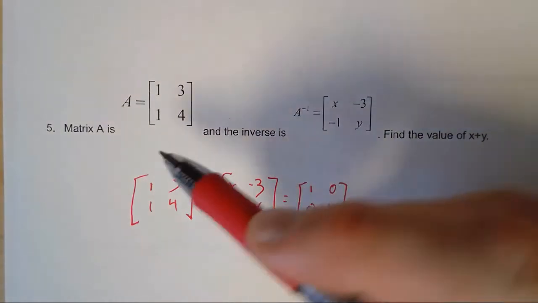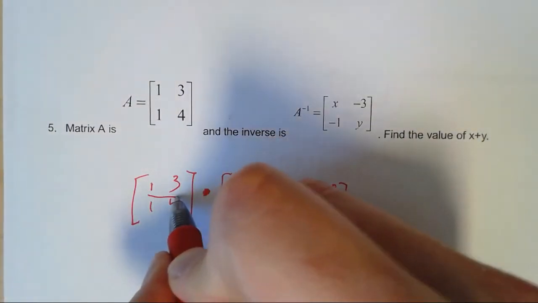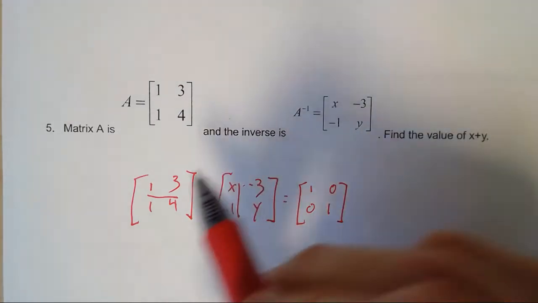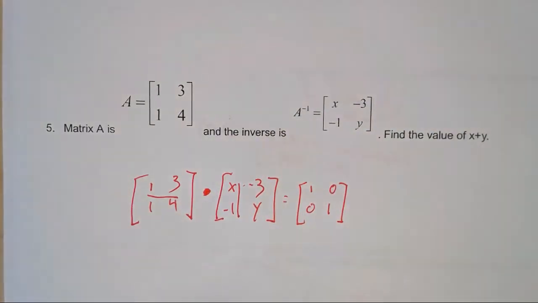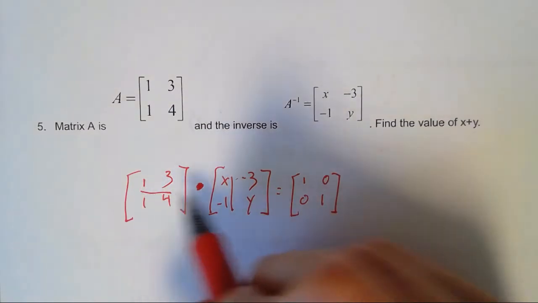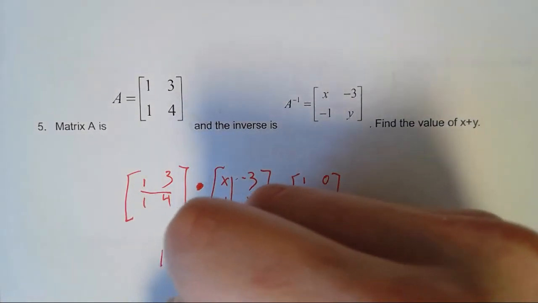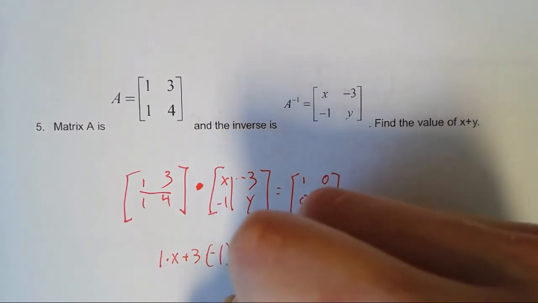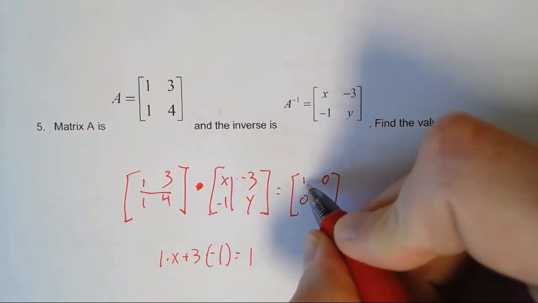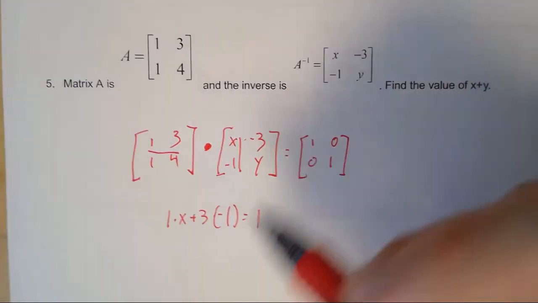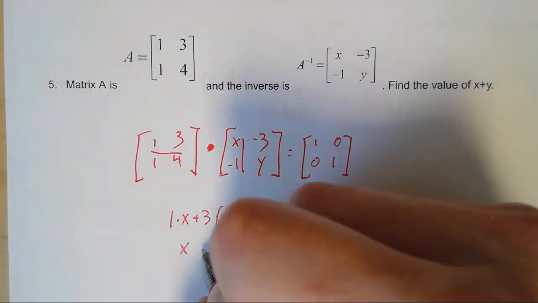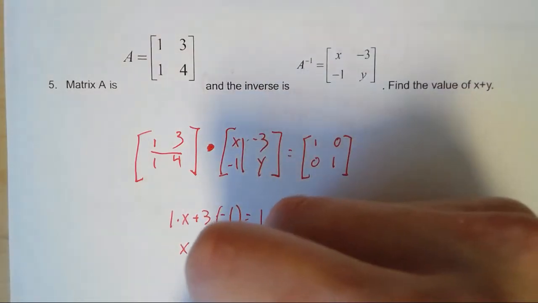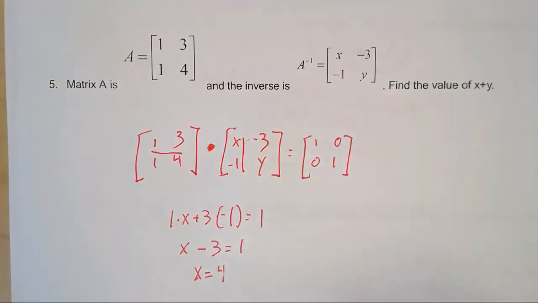So if we multiply this first row by this first column, we should get 1. And that's enough information right there to figure out what x is. So if we multiply 1 times x and 3 times negative 1, that should equal that number right there. Well, now we just have a very simple linear equation, and so that means x is equal to 4.